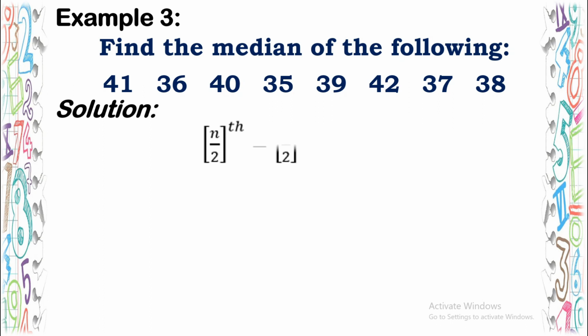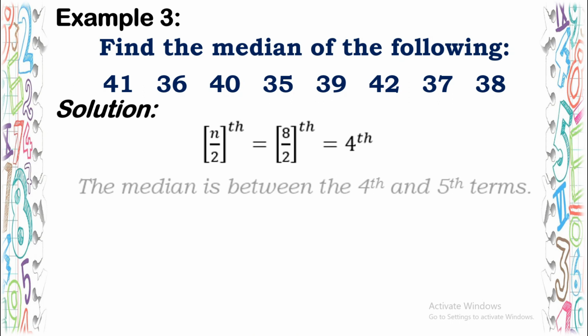That's 8 over 2. So we have the fourth observation. But since it's even, we also have to take the next number after the fourth observation. So we have the median between the fourth and fifth terms.